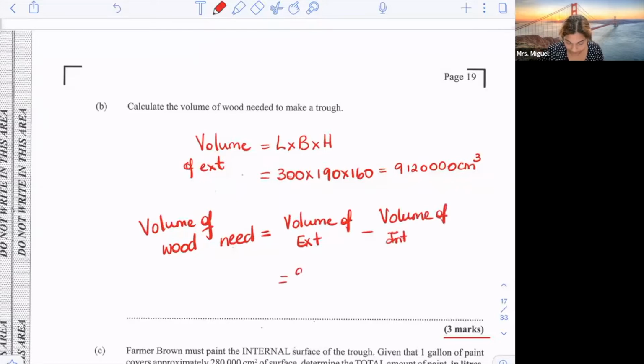So you're taking the 9 million and you're subtracting the 8 million and something. How much was it? 8,091,000.